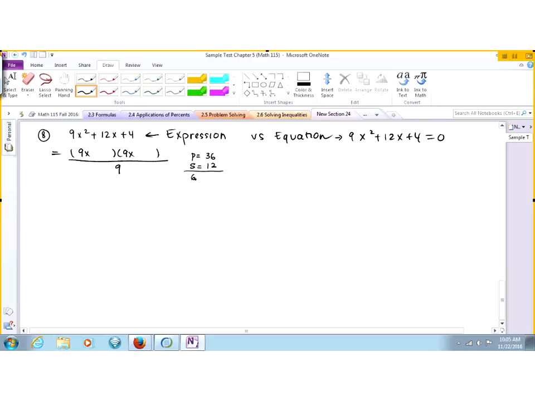What are the two numbers? 6 and 6. Oh, this is actually a perfect square trinomial, isn't it? Yes. What am I supposed to do with my 9? Split it up into 3 times 3. So what is this? 3x plus 2 and then squared.